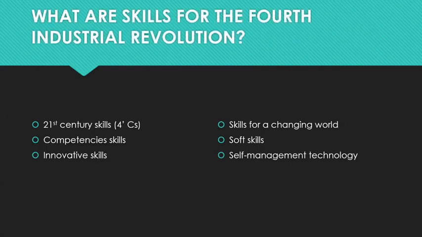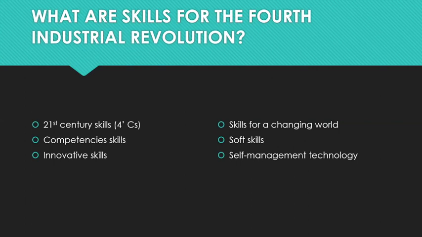What are the skills for the fourth industrial revolution? When we check the demands of 4IR in terms of skills, we can look at our 21st century skills. What are those 4 C's that I've been talking about in the 21st century? I even put the 4 C's here. We can talk about collaboration, creativity, communication, and critical thinking. I will explain this at a later stage.